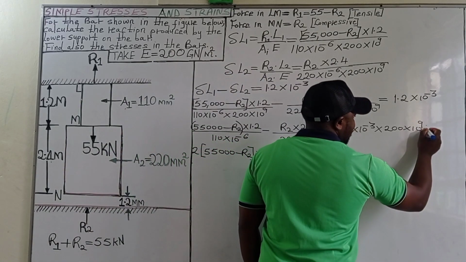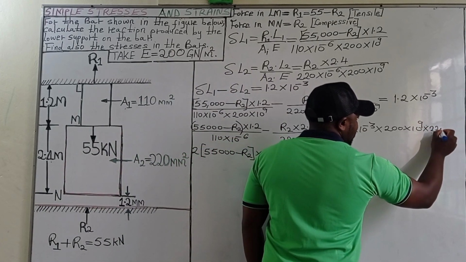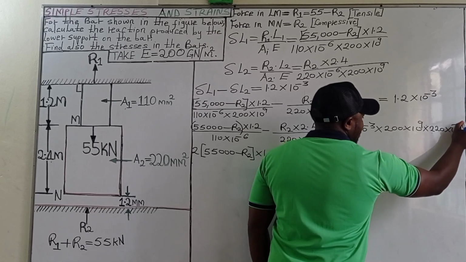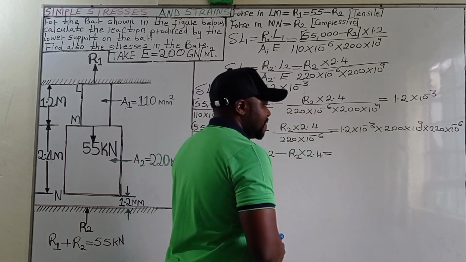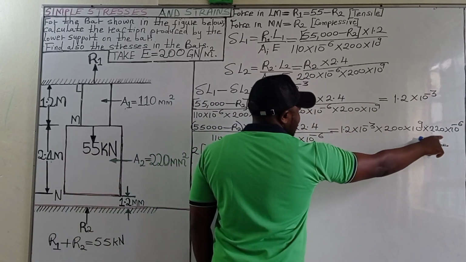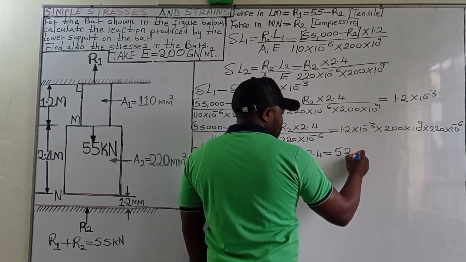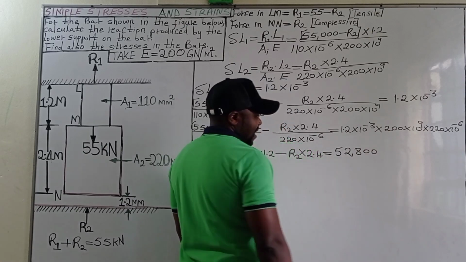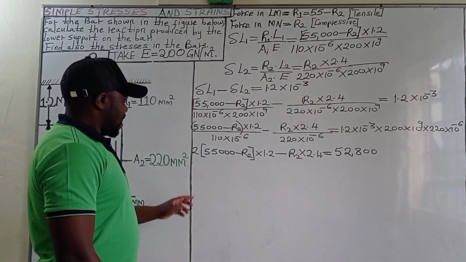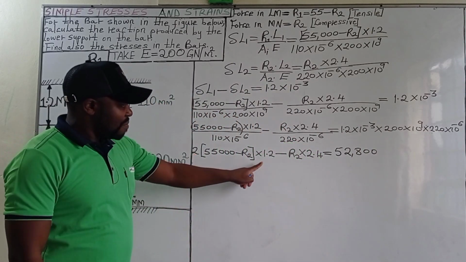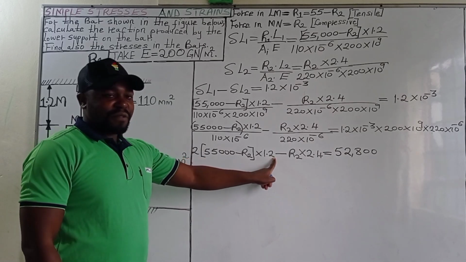So let's try to squeeze it here. 220 times 10 raised to the power of negative 6. So when you multiply these three, we are going to have 52,800. Then we multiply 2 by 1.2, that is 2.4.